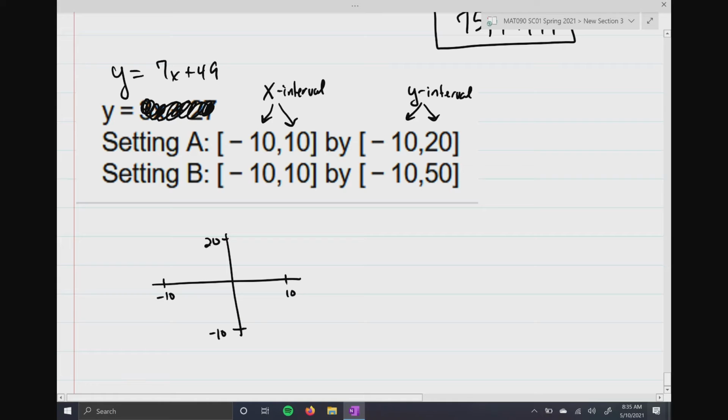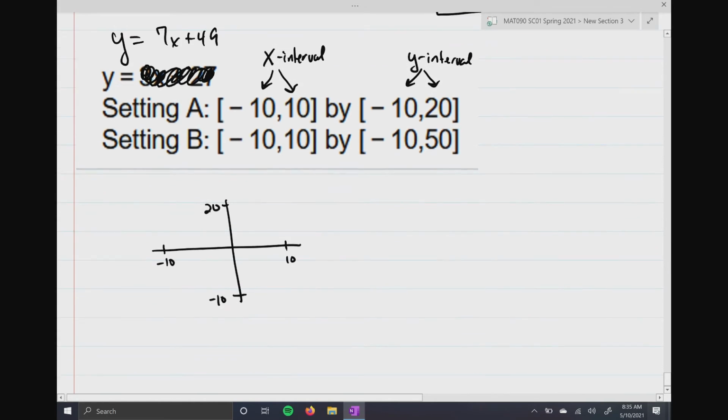Y equals 7x plus 49. What do we know about that equation? First, what form is it in? What form is that in? It has a special name.